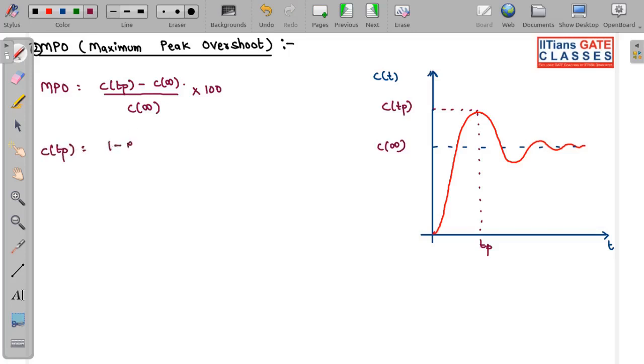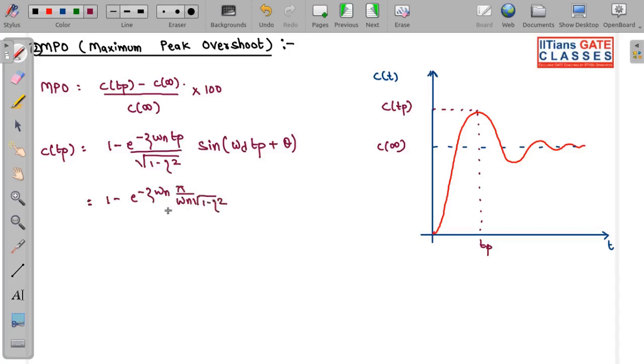It is 1 minus e to the power minus zeta omega n Tp, divided by under root of 1 minus zeta square, sine of omega d Tp plus theta. If we solve this, Tp will be equal to pi by omega d, and omega d can be written as omega n under root of 1 minus zeta square.